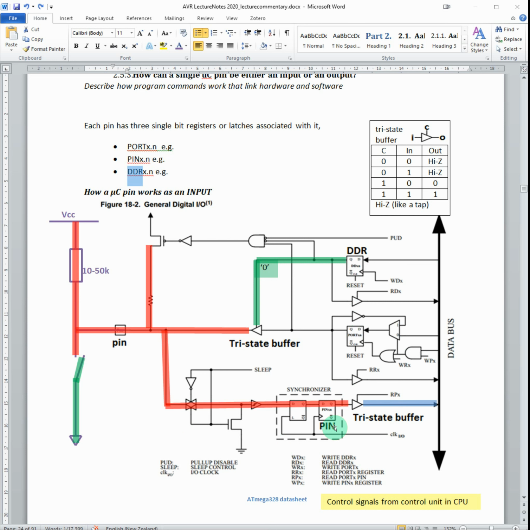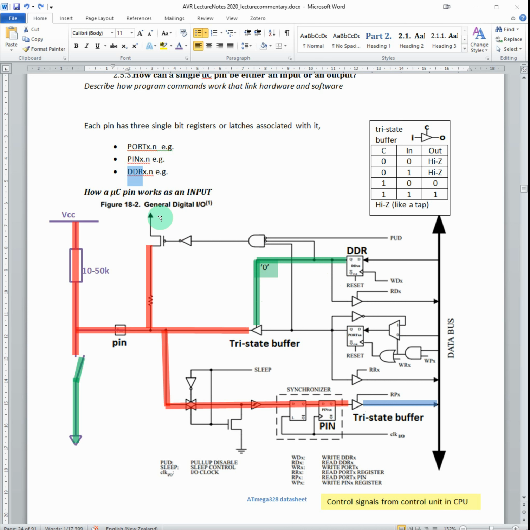When the microcontroller is powered up, the data direction register, the port register and the pin register are all cleared to 0. So the Q's, the outputs of each, become 0. And that means that the data direction register has a 0 output, which means that this pin in its entirety is configured to be an input.